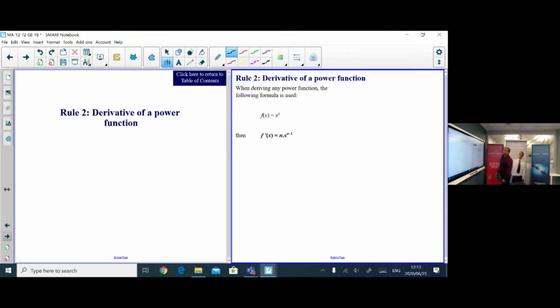And to derive that, we have a very beautiful formula that you can use to discover the first derivative.